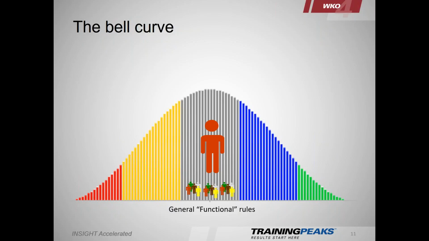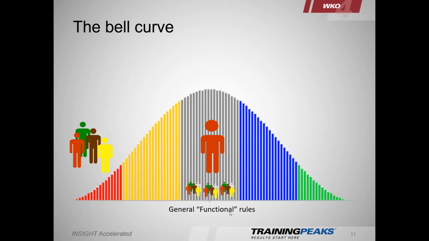One, it was based on a bell curve of data, and that bell curve of data was representative of about 1,500 athletes, and it utilized the average. Well, when you start thinking about the average, that means the entire system was based off general functional rules.